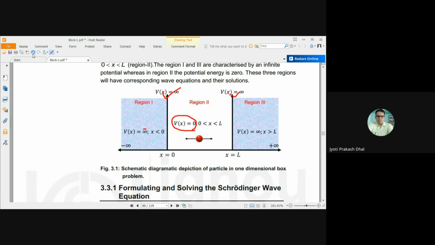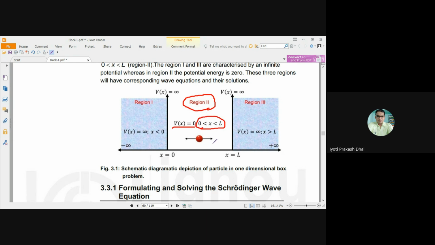So there will be three different regions. For region 2, where the particle will move inside the box, the potential energy equals 0 and the particle is allowed to move from 0 to L. That means the position x is greater than 0 and less than L. So this is called region 2.